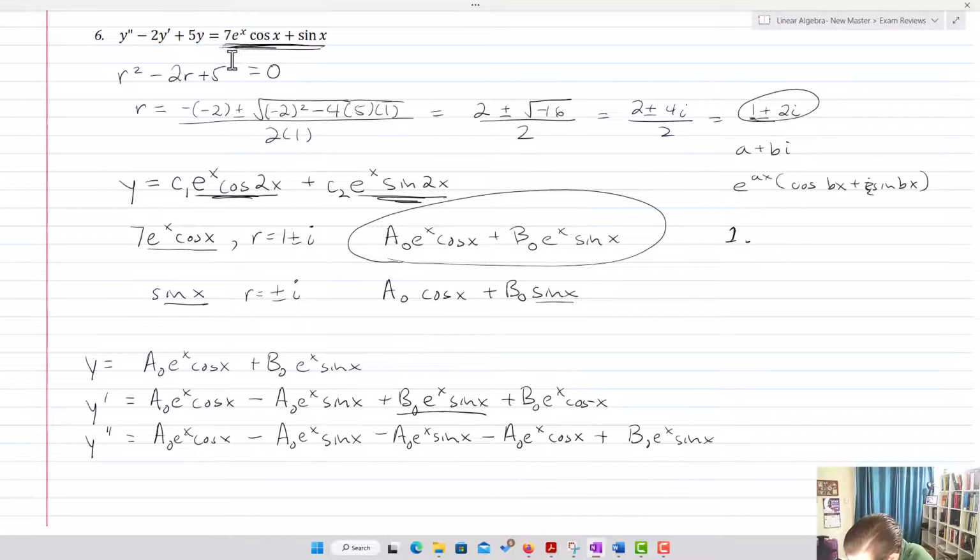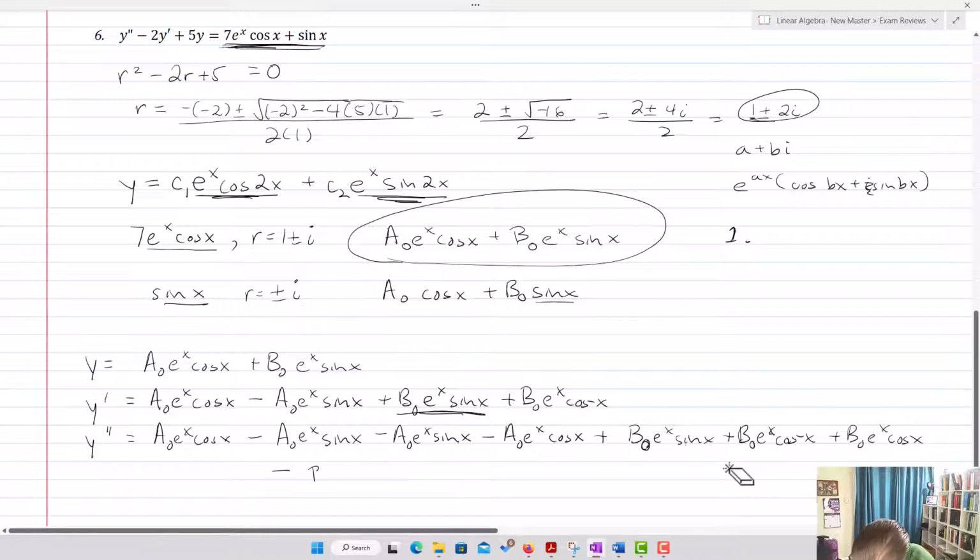So I'm right here. Sometimes I have to remind myself where I'm at. It can sometimes be a little bit jarring or confusing. I've got b naught e to the x sine x plus b naught e to the x cosine x plus b naught e to the x cosine x minus b naught e to the x sine x.